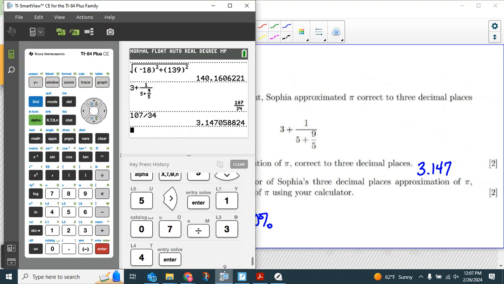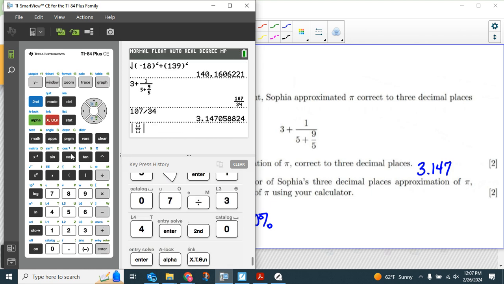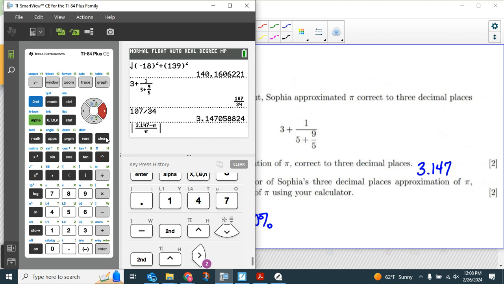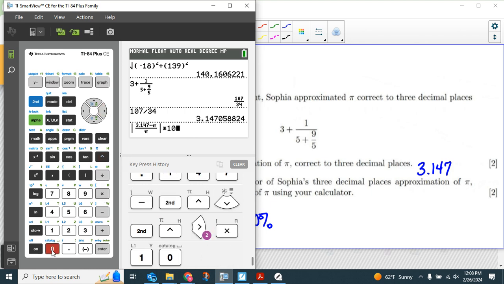All right, so if we put that in our calculator, so we have 3.147 minus pi, where's my pi there, over pi, times 100.